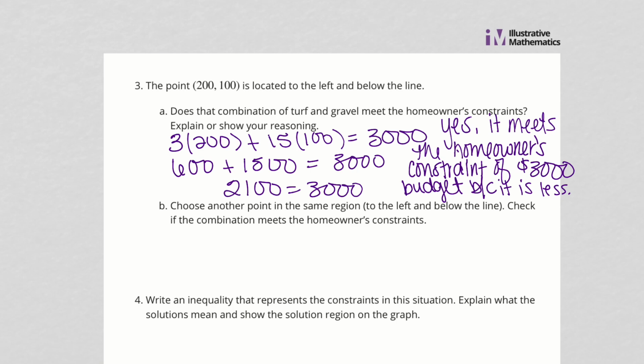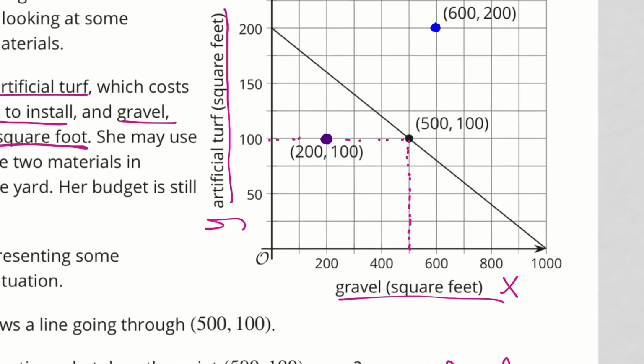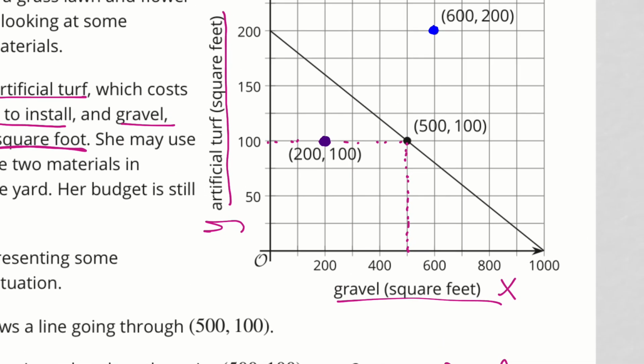Check if the combination meets the homeowner's constraints. All right, I'm going to pick, let's see here. Last time they wanted to do 0, 0.